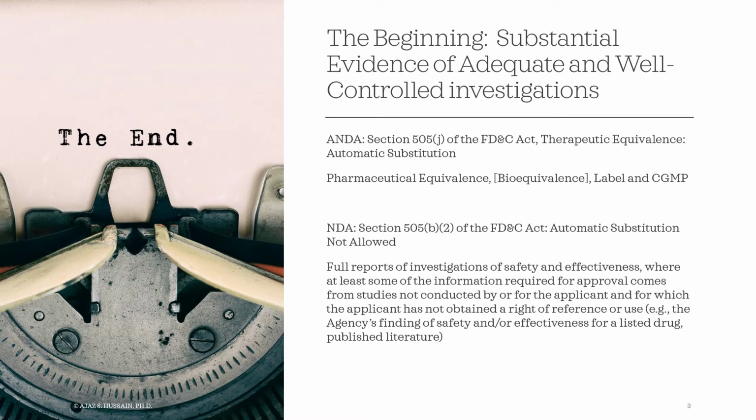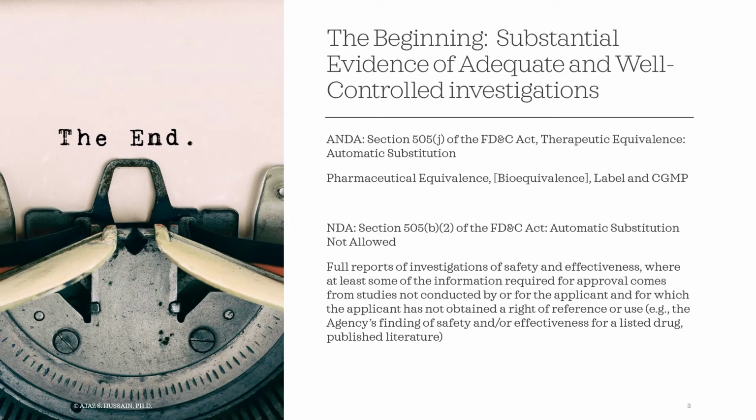Also, therapeutic equivalence in the context of 505(b)(2) applications where pharmaceutical alternates are involved. And therapeutic equivalence is in the mind of the prescribing physician and not necessarily of the same meaning as in the Orange Book. Here, automatic substitutions are not allowed.